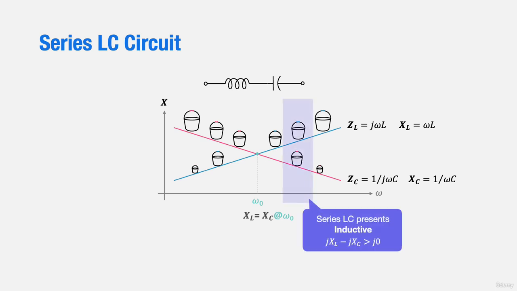If we examine this circuit at a particular frequency higher than omega 0, then the inductor's bucket will be larger than the capacitor's bucket. In this scenario, the series LC circuit will be inductive.